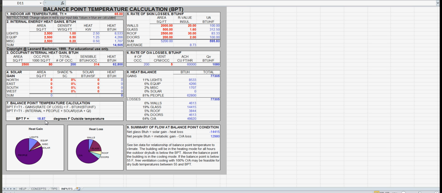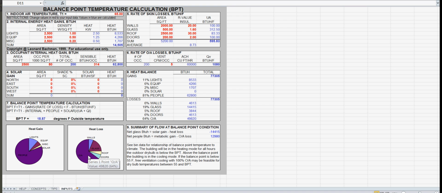Think of this in terms of your own personal comfort level. You have a certain amount of internal heat gain from your metabolic calorie consumption of food, and you have heat loss to the outdoors by convection, conduction, radiation, evaporation, limited by how much insulation you're wearing.